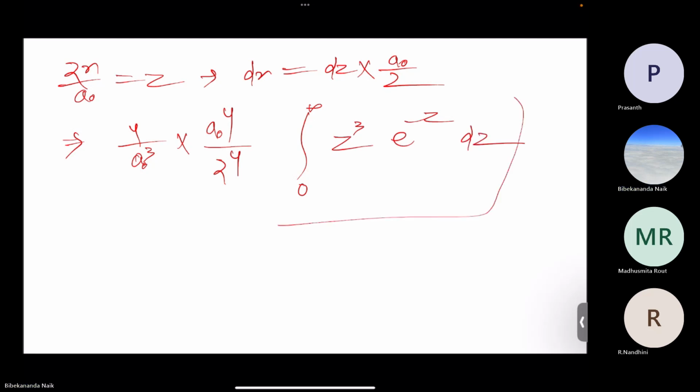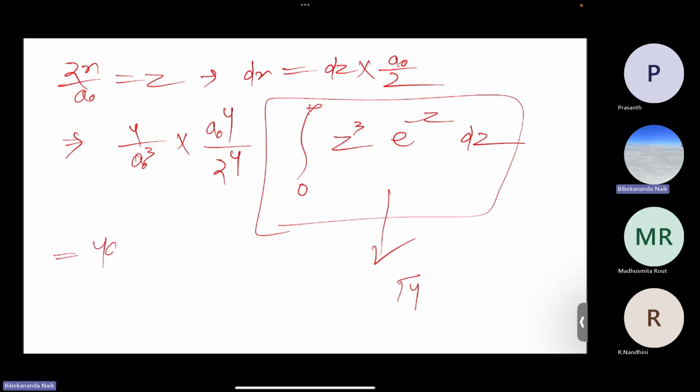Now this integration has a formula, which is called the gamma function, gamma of 4. So it will be 4 a0 by 16, where 2 to the power 4 is 16, into gamma 4, and gamma 4 is given by 3 factorial.